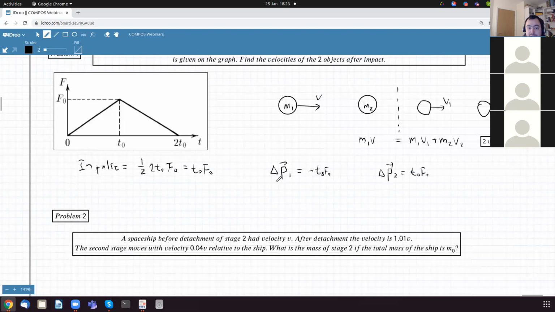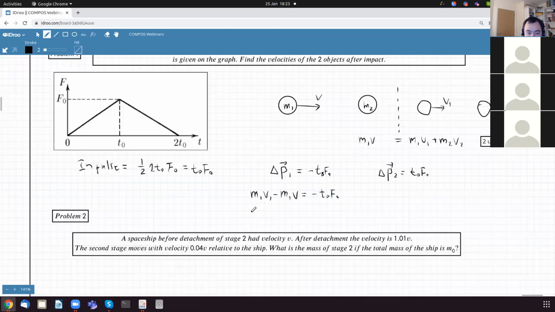Now, the change in momentum is the final momentum minus the initial momentum. So the final is m1 v1, minus the initial, m1 v. That's the final, this is the initial, equals minus t0 f0.